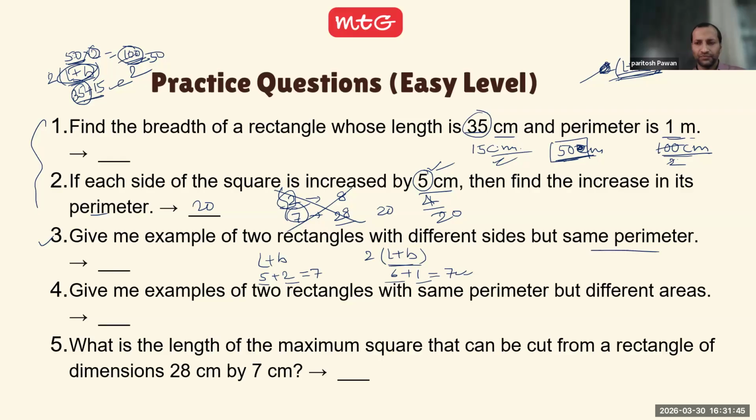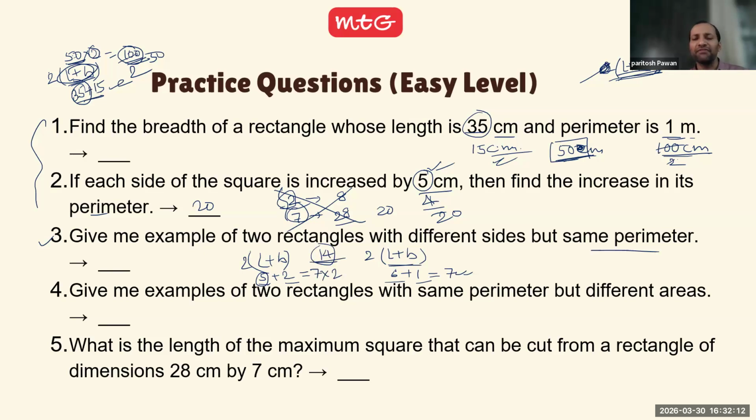Sir, can you please explain the third question? The third question says two rectangles with different sides but the same perimeter. So I have taken length 5, breadth 2. Length plus breadth is 7 and perimeter is 2 into length plus breadth, so we multiply 7 into 2, 14 units is the perimeter.